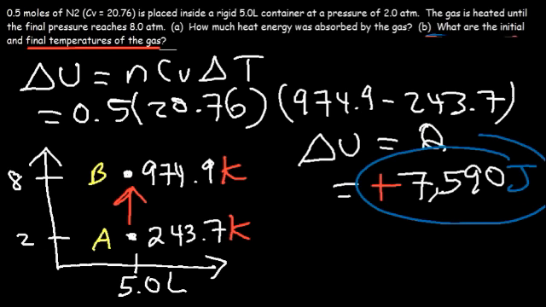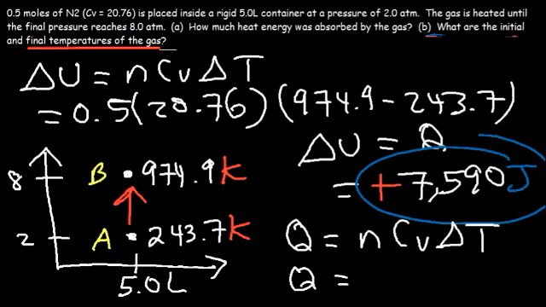So as you can see, you can find Q if you have the change of temperature using this equation for a constant volume process, or if you have the volume and the pressure, you can use this equation. Q is equal to V CV delta P divided by R.